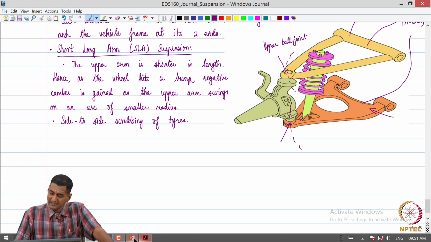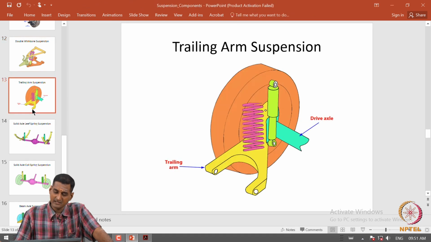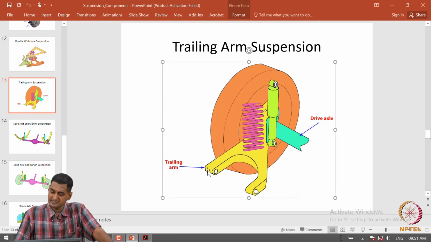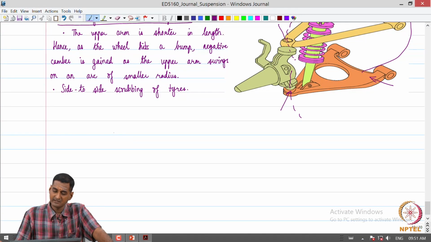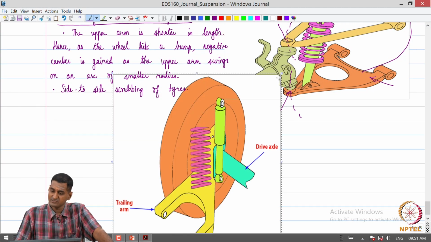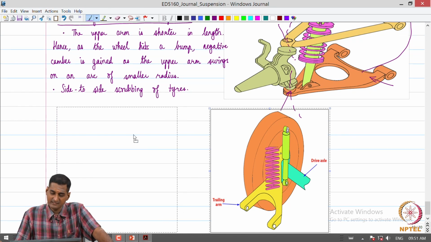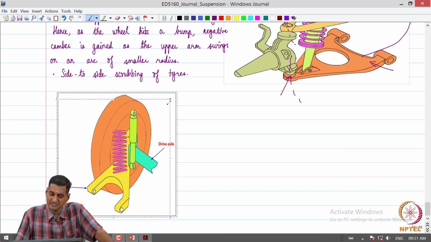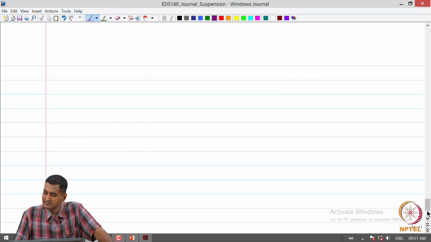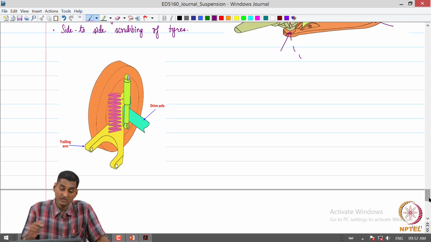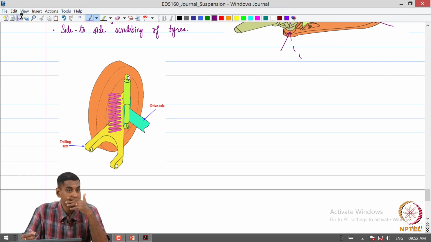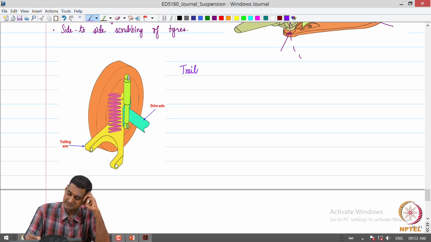One more type, which is sometimes used as independent suspension also to reduce the space, is what is called a trailing arm suspension. So, what is this trailing arm suspension? These trailing arms are also used to provide structural support in other types of suspensions, but let us look at the trailing arm suspension.